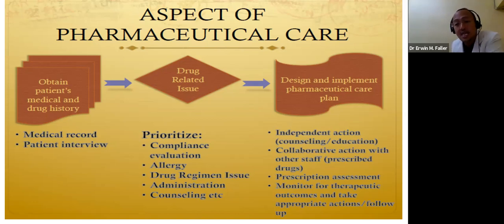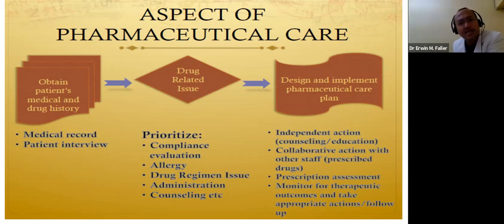So we need to identify drug-related issues and set priorities for any complaints or allergies your patient suffers in terms of drug administration. Then we can counsel our patient and design and implement an appropriate intervention or plan for our patient.